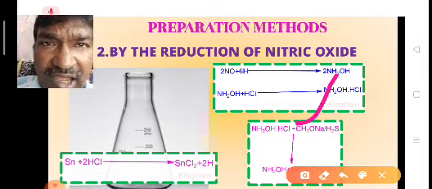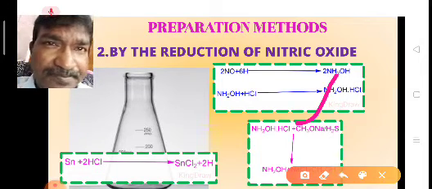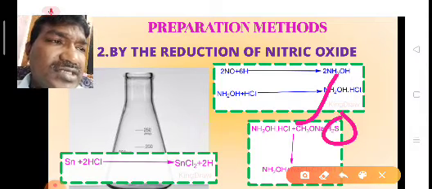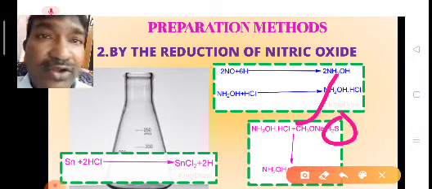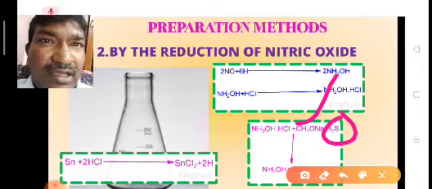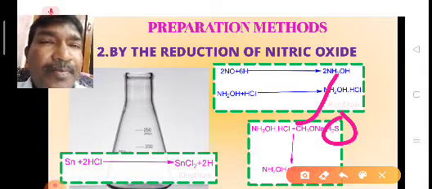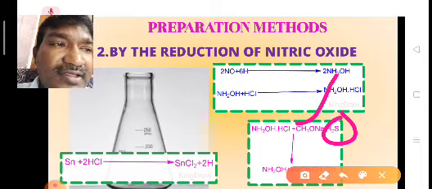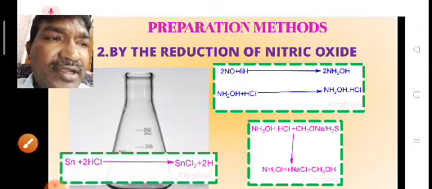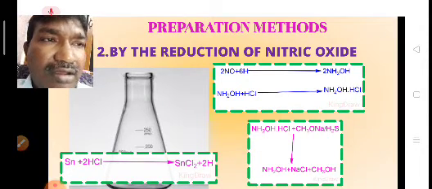Sodium alkoxides, alkoxides are strong bases. Otherwise, we can use hydrogen sulfide also. We can use sodium methoxide or hydrogen sulfide to separate the HCl. As a result, we get the hydroxylamine, NaCl and methyl alcohol.